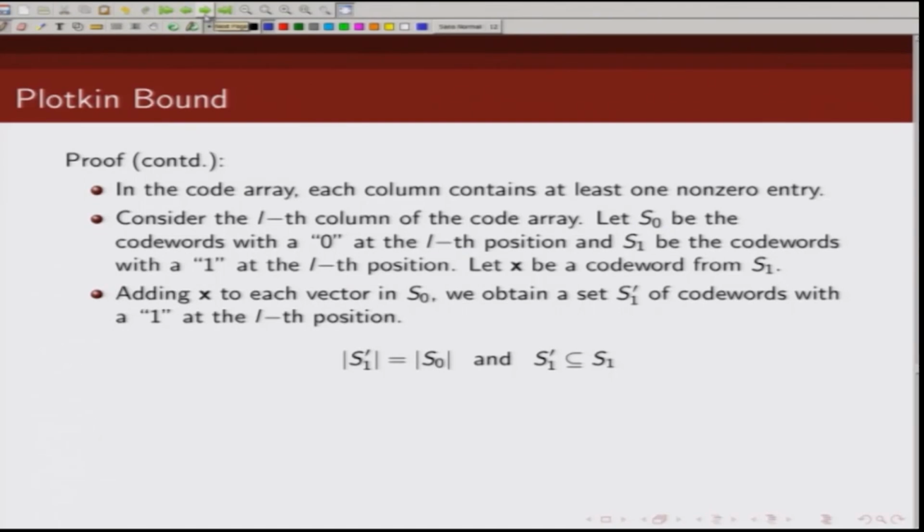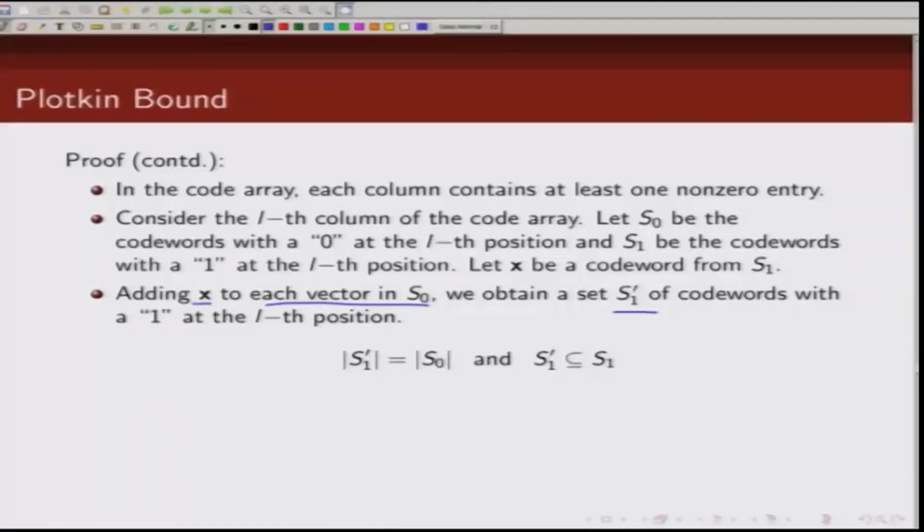Now, if we add X to each vector in this set S0, which has 0 at the lth location, and X, remember, has 1 at the lth location, then because both of them are code words, the sum is another valid code word which will have 1 at the lth location.